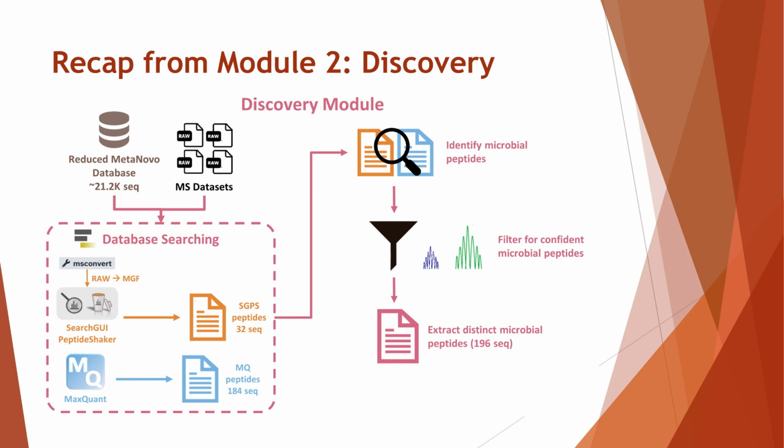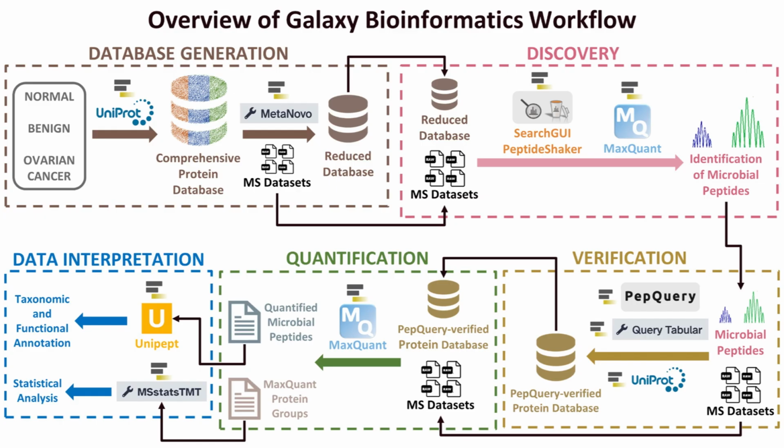We used two programs to increase the range of detectable peptides. After identifying and filtering peptides, we created one single list of unique microbial peptides. This list will be an input for PepQuery 2 in this video. Let's see where that puts us in context of the clinical metaproteomics tutorial.